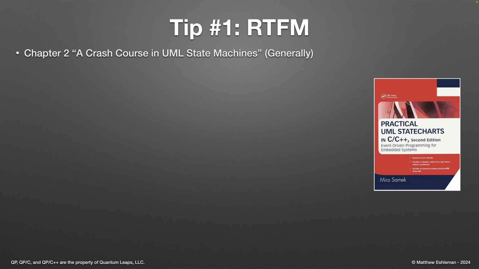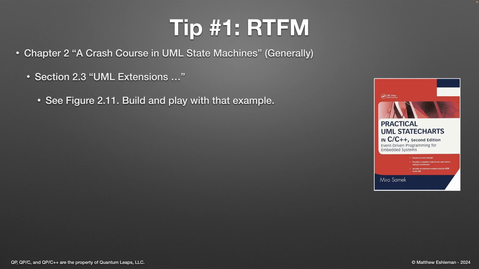What I'm going to give you is what I would consider the bare minimum of what you need to read in Samek's book to get started on your QP-based project. So Chapter 2, we really want to get into that crash course on UML state machines. If you're not already familiar with UML state charts, this will be very important to you.